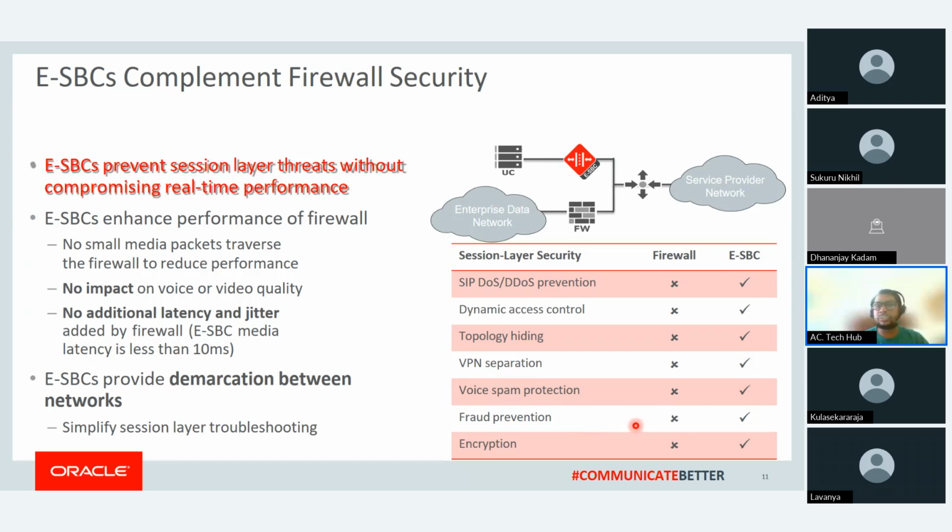And then encryption. If you want to encrypt your RTP end to end or your signaling end to end, you can do this security feature in your session border controller. So these are the benefits of Oracle SBCs in terms of security, which you can achieve by tweaking a few configurations in your session border controller.